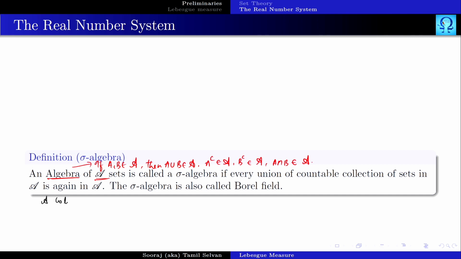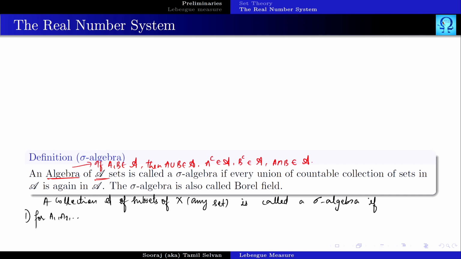A collection A of subsets of X, which is any set basically, is called a sigma algebra if, first condition, for A1, A2, and so on, which are members of script A, union i runs from 1 to infinity, Ai must be a member of A. Here they said every union of a countable collection.